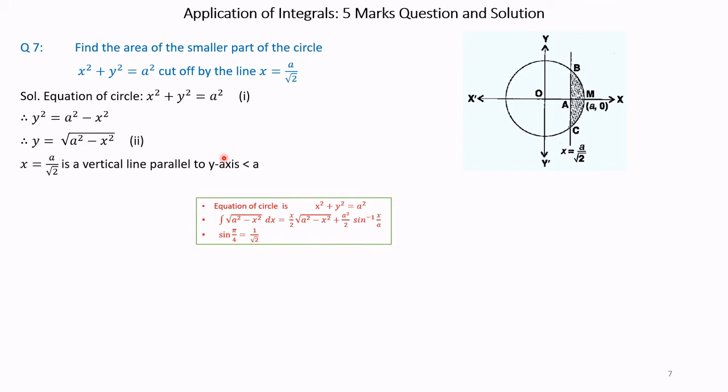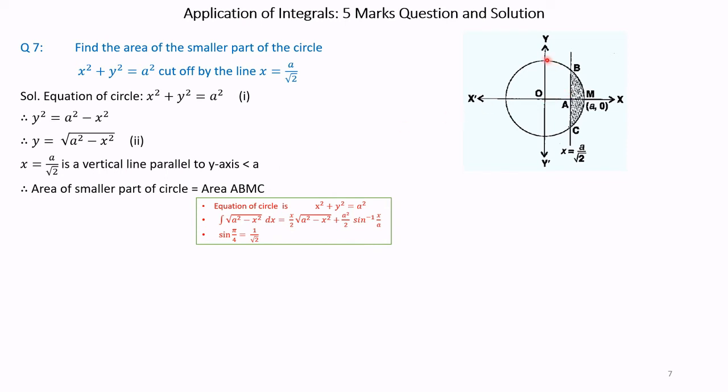Now the given line is x is equal to a by square root 2. This is nothing but a line parallel to the y-axis and it is less than a, because a by root 2 is always less than a. So please see the figure.